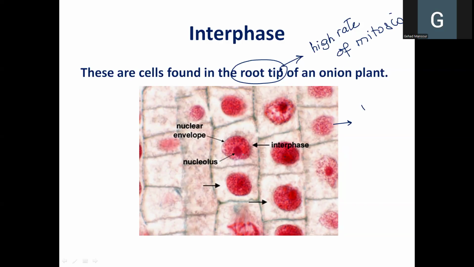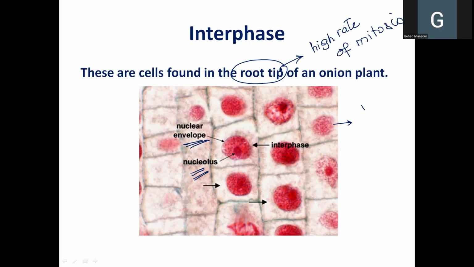So let's see how the cell looks in interphase. You have a clear, well-defined nuclear envelope. You have a clear, visible, shiny body under the microscope called the nucleolus, where there is assembly, as you know, of ribosomal RNA with the nuclear proteins that make the ribosome. And of course, we still don't see visible chromosomes.